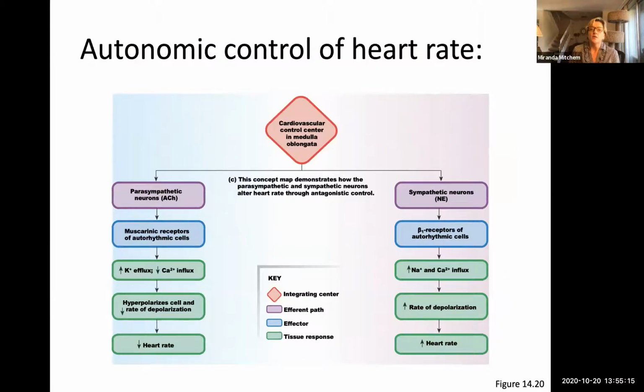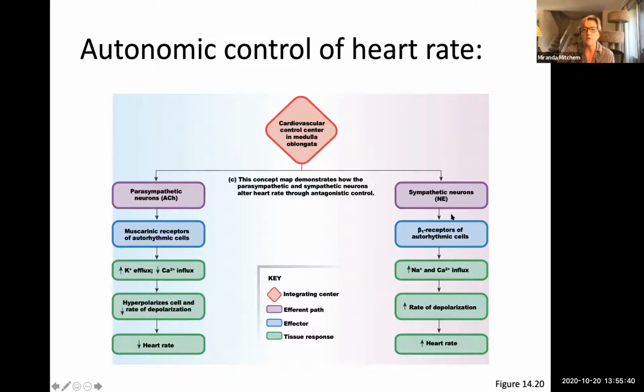All right, so looking at the events associated with sympathetic stimulation versus parasympathetic. The electrical conduction for the heart is an auto event. It happens right there in the heart, but certainly our nervous system can have an influence on it.